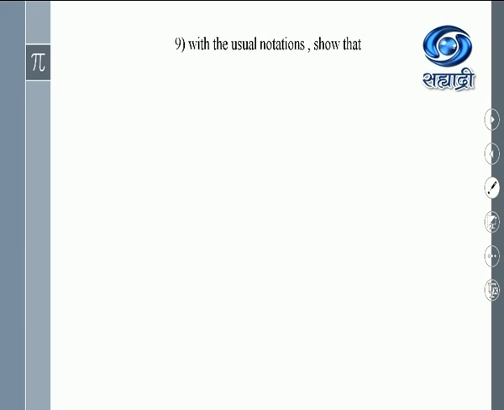Question number 9, or sum number 9: with the usual notations show that 2 into bracket BC cos A plus AC cos B plus AB cos C is equal to A square plus B square plus C square.